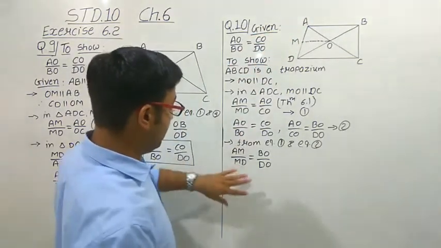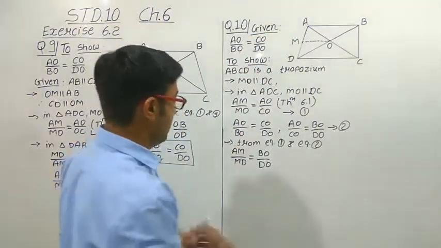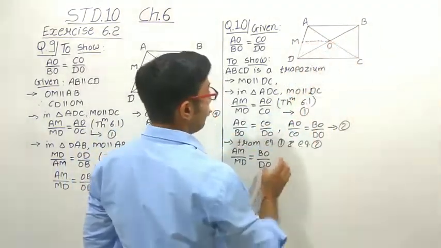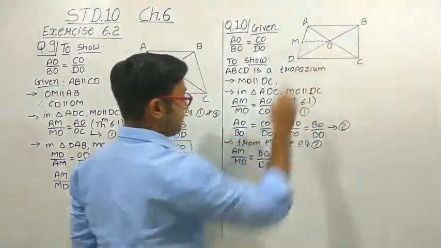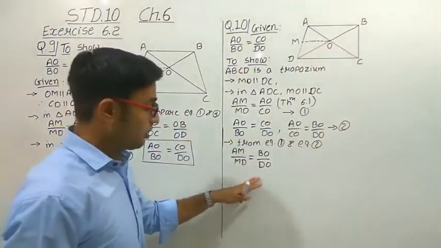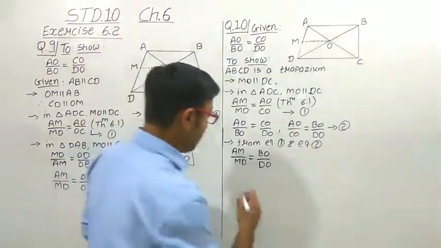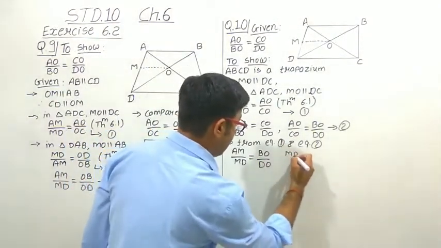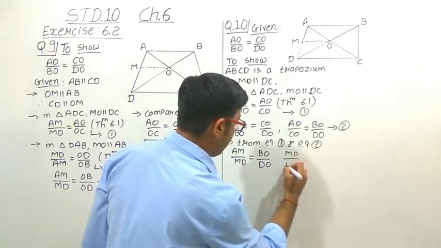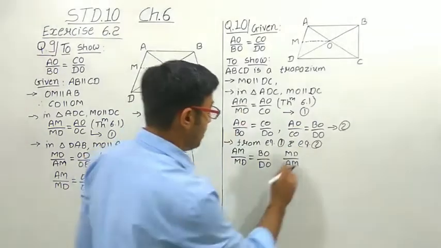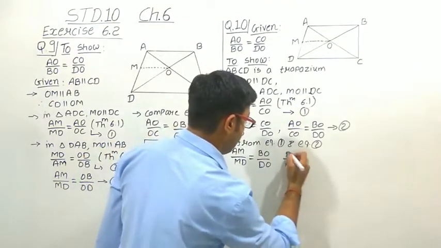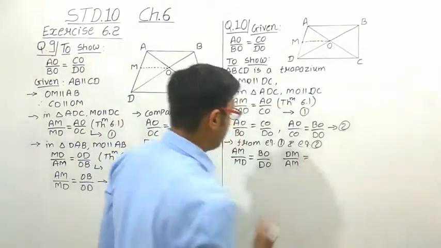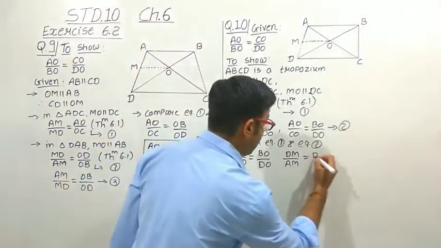But if we look at this, AM and MD and BO and DO, from this we cannot consider one of the triangles. So here we have to interchange again. We can write it as MD upon AM, or DM upon AM, is equal to DO upon BO.